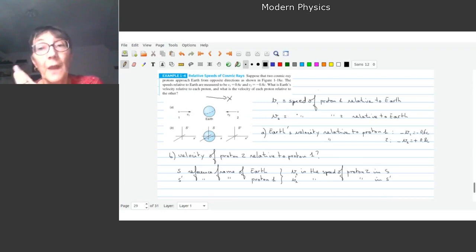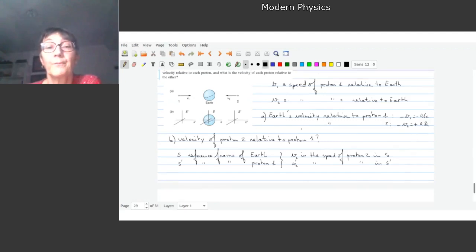If you write it, it will really help you solve the problems. You only have to be very careful and do everything with a lot of rigor. So the first question, you just invert the velocity.